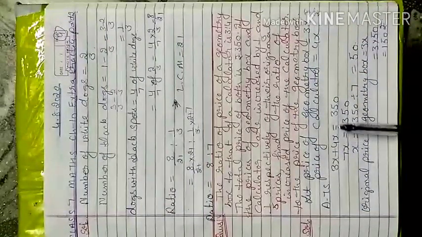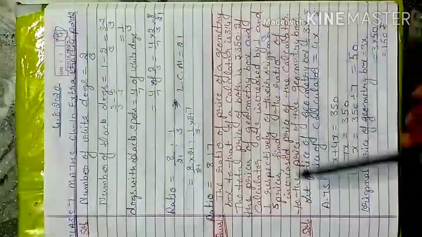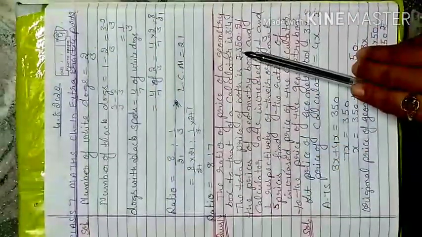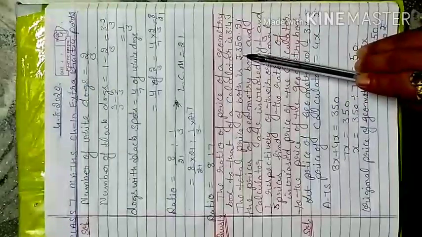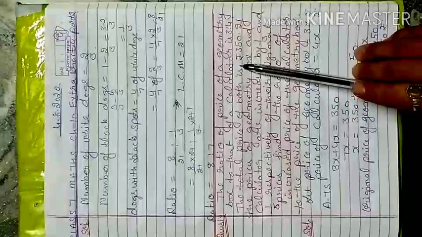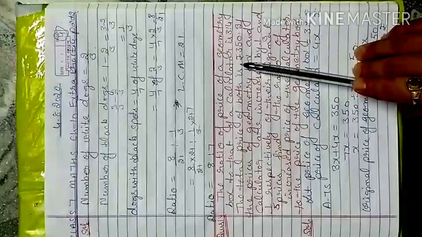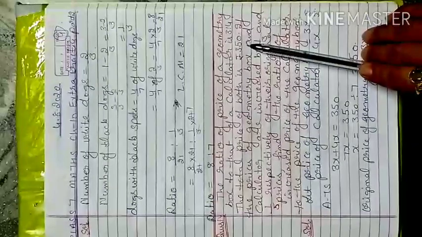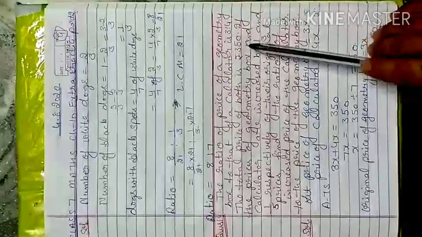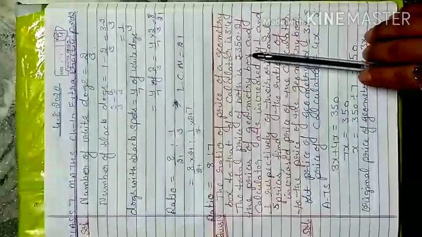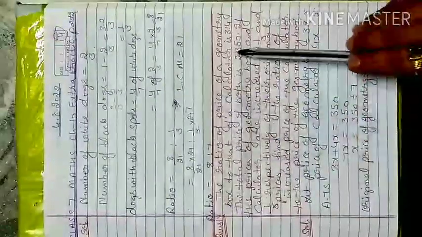And when you add both the prices, the total price is 350. So this is the first part of the question. In this first part, you have to find the original price of the geometry box and the original price of the calculator according to the ratio, if the total price is 350. That means among 350 rupees, how much is the cost of the geometry box and how much is the cost of the calculator. So that is your first part.